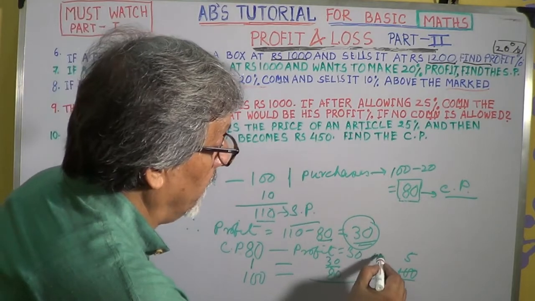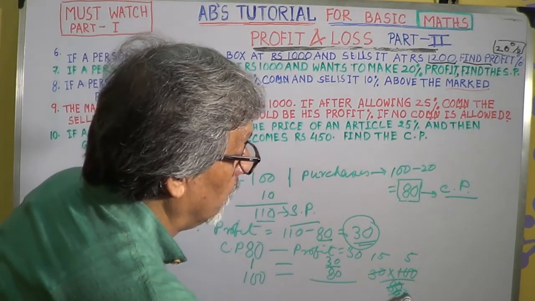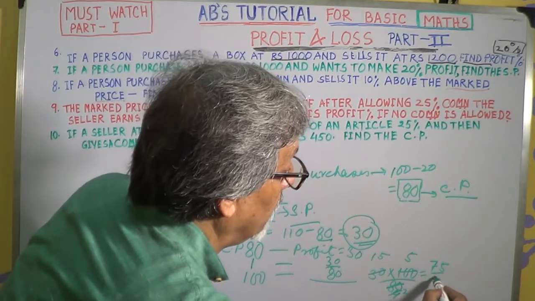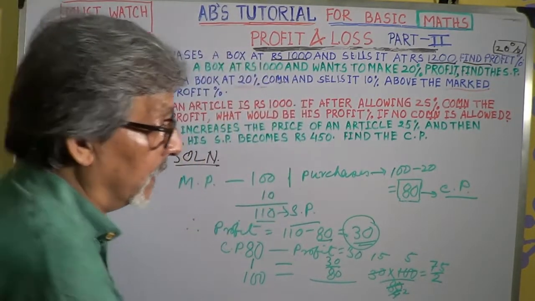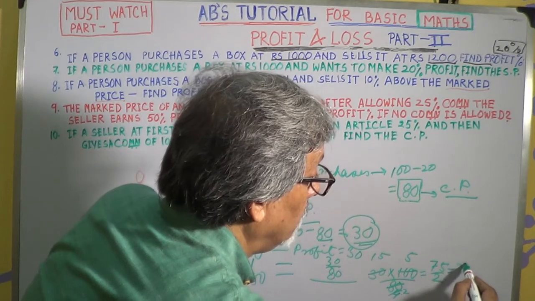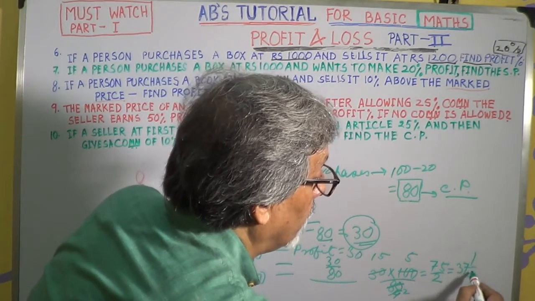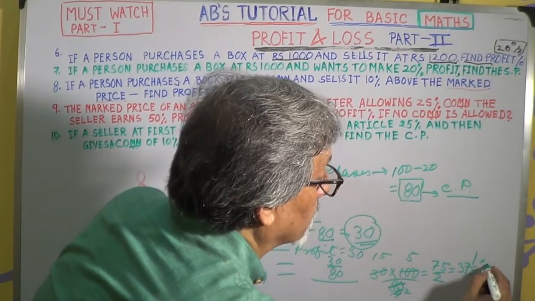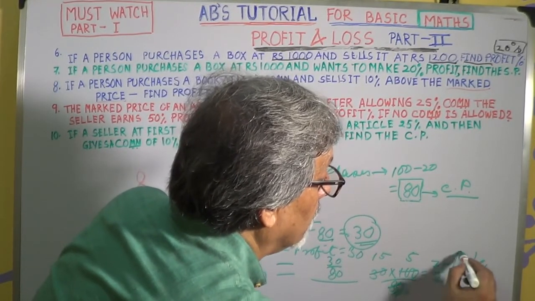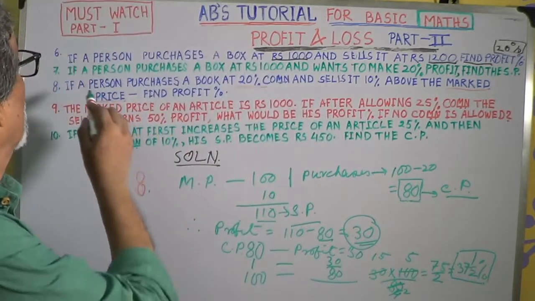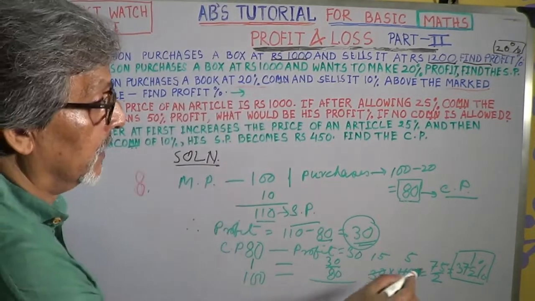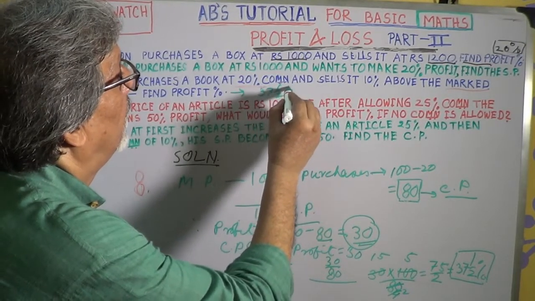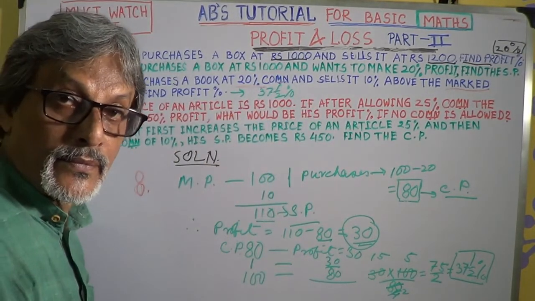This becomes 15, this becomes 2, so this is 75 by 2, that is 37 and half percent. So this is the answer. So we can write here, this is 37 and half percent. Is it clear?